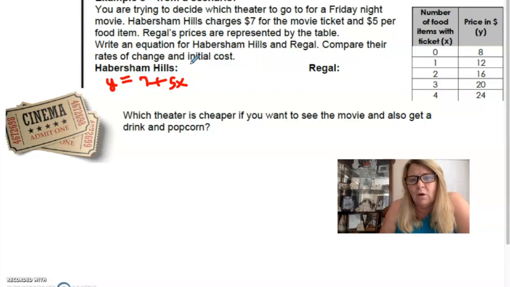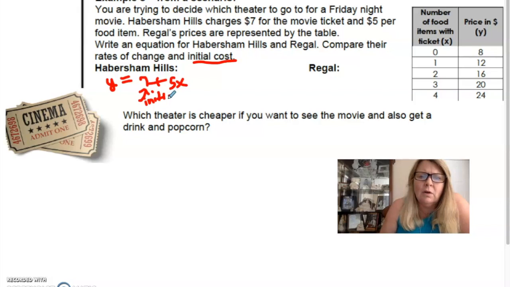That's the initial cost right there, the y-intercept. Again, I apologize for my handwriting. And then the rate of change is the m value, the coefficient in front of x, so the rate of change on this one is $5. So it's $5 per item.